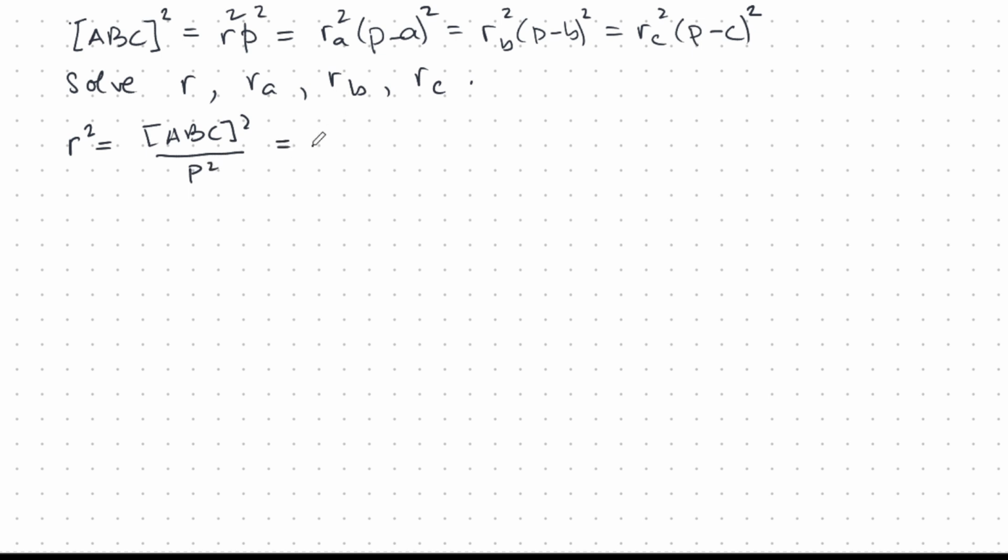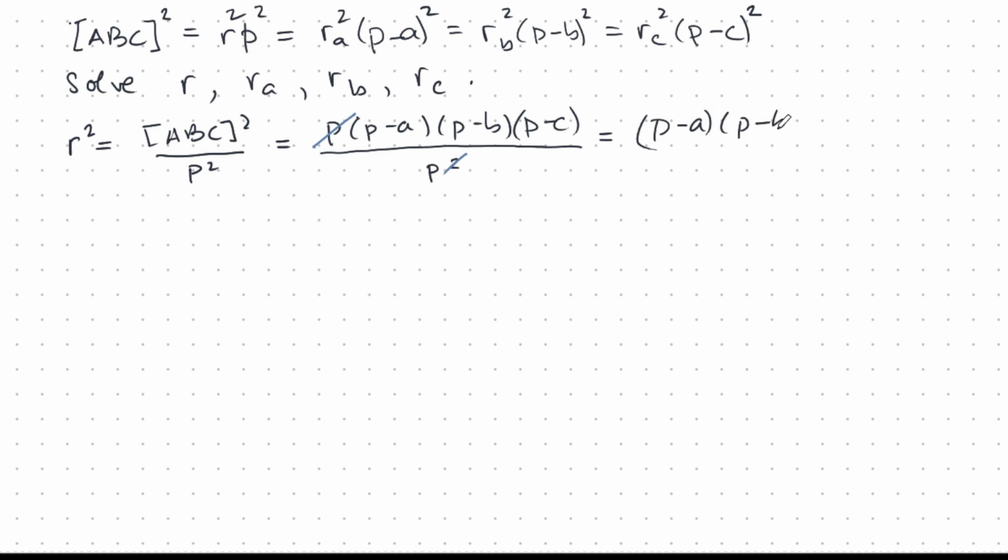But area squared by Heron's formula is p times p minus a times p minus b times p minus c. We're going to write this a lot, so you have to be patient here. Over p squared. Well, some of this vanishes. This and this disappears. And we have p minus a, p minus b, p minus c over p. Okay, very good. All right, let's keep going.